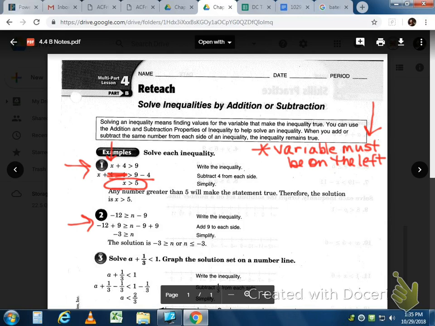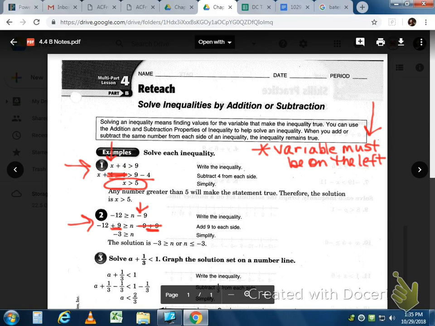Now, negative 12 greater than or equal to n minus 9. So I want n alone. I'm going to do the opposite of what's right there by adding 9 here and adding 9 here. So these two disappear. And on the left, I'm in the whole 12 and I gain 9. So that's negative 3.